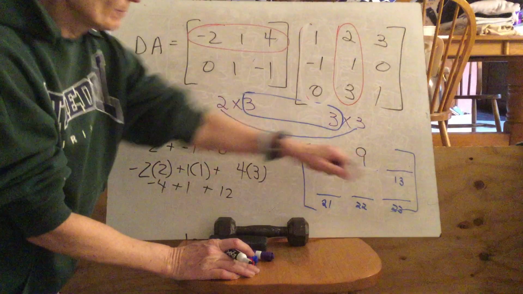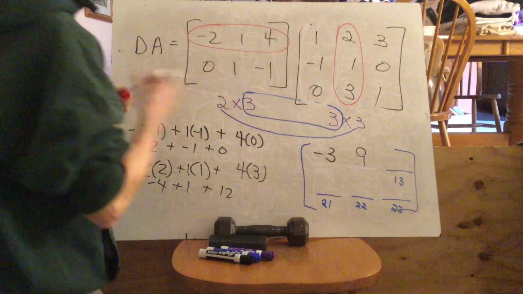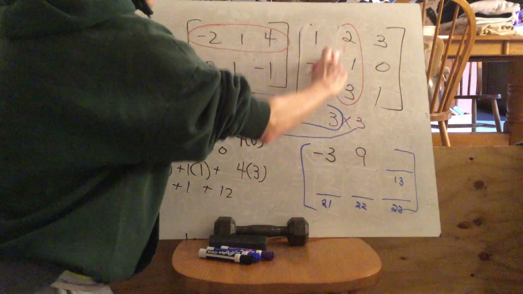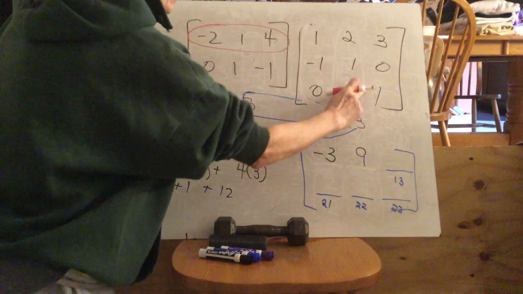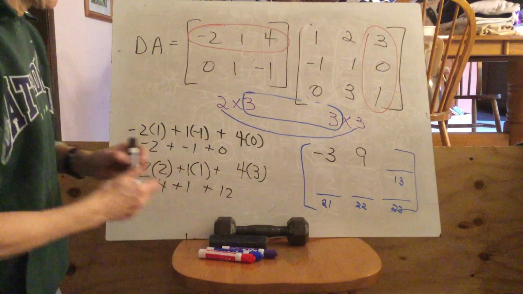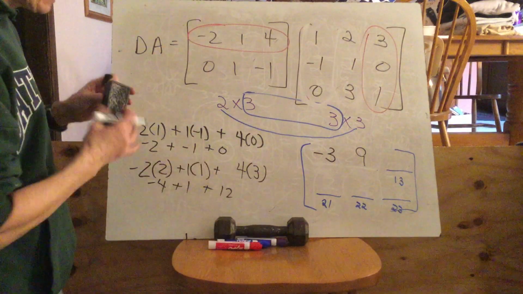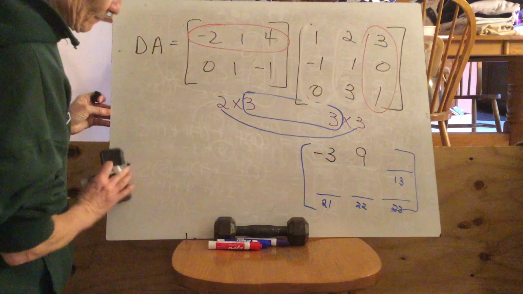And then that last one there, right here. Now I still need the first row, but now I need the third column. Okay, and I'm running out of room, so I'm going to go ahead and erase this stuff.